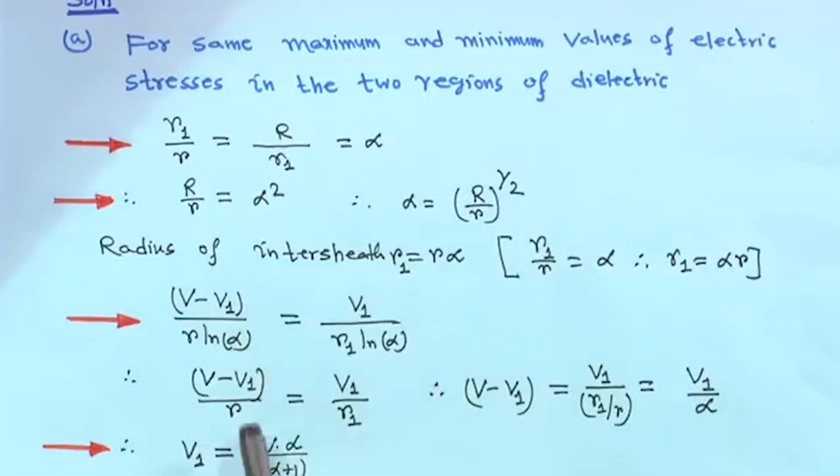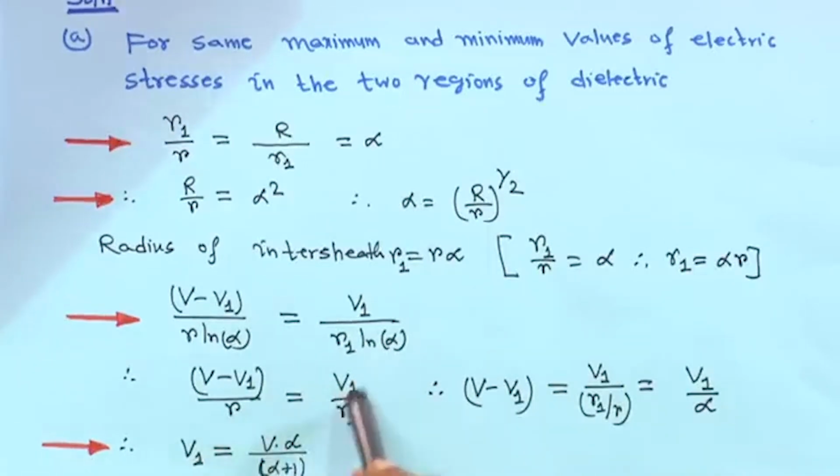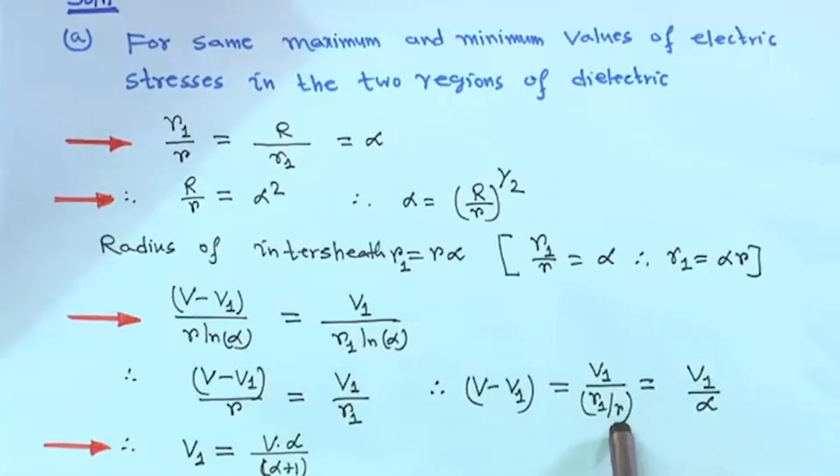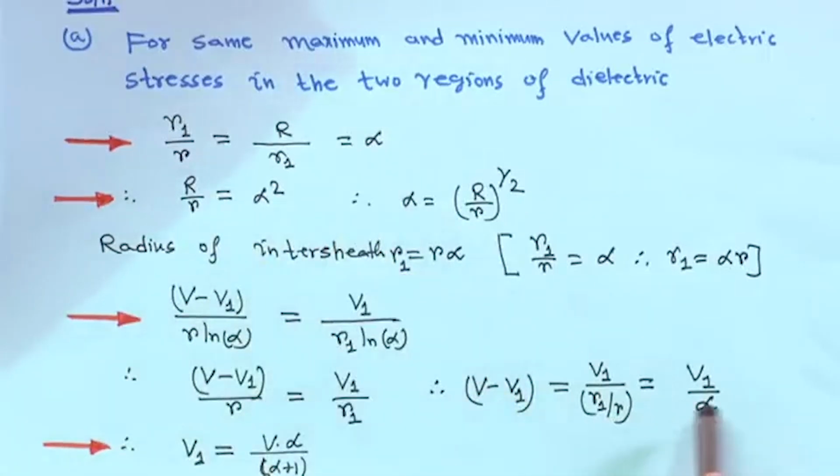Therefore, (V minus V 1) upon r is equal to V 1 upon r 1. Therefore, V minus V 1 is equal to V 1 times r upon r 1, but we are writing V 1 divided by r 1 upon r, and r 1 upon r is alpha. So, we are making it in terms of V 1 upon alpha, right.